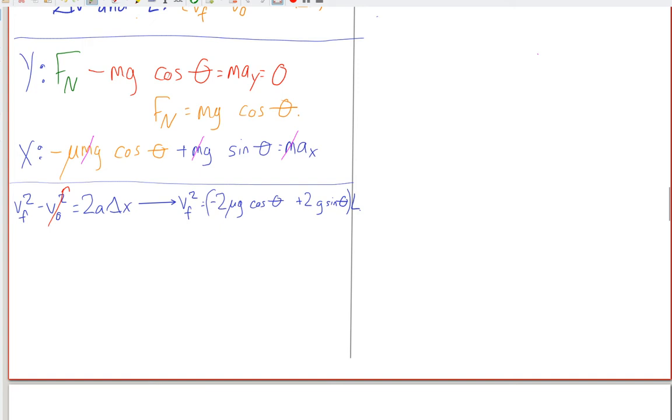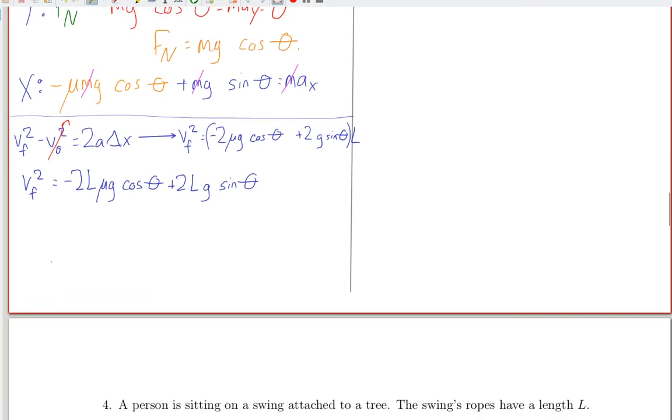So let me now multiply all of that out. I have Vf squared equals minus 2 L mu g cosine theta plus 2 L g sine theta. And what I wanted to do was to solve this for mu. So I'll put mu on the other side.